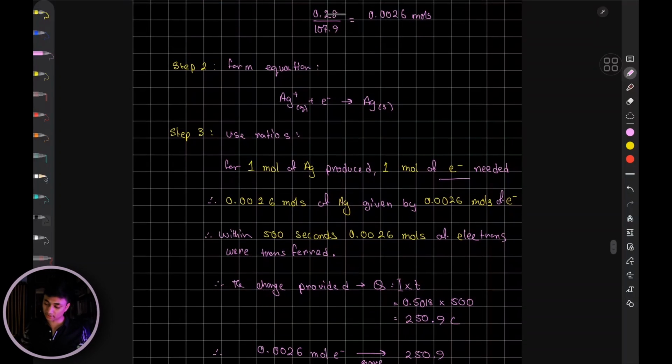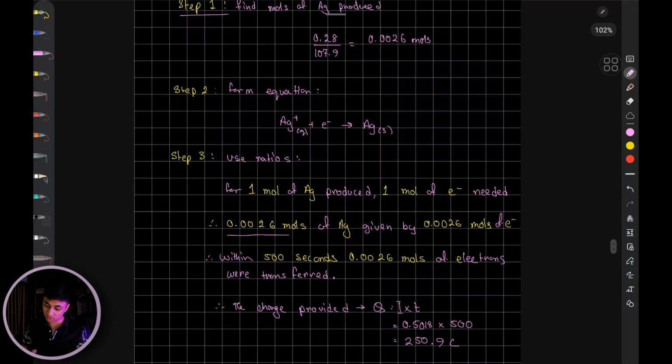Okay, fair enough. Therefore, if 0.0026 moles of silver was produced, there must have been 0.0026 moles of electron, because you're producing 0.0026 mole of silver atoms. Therefore, how many moles of electron do you need? The same amount, because the ratio is 1:1.